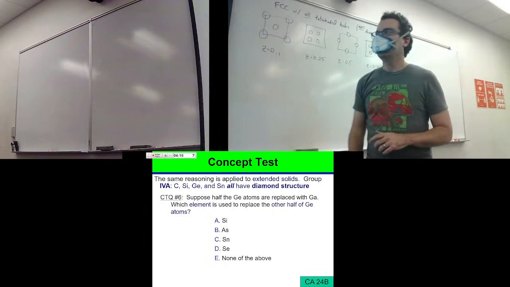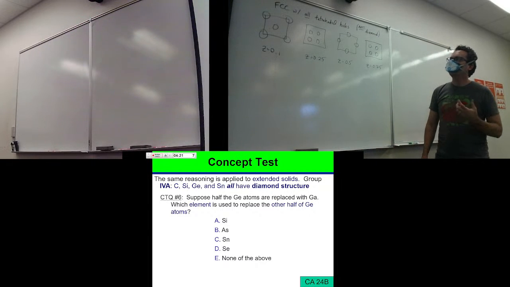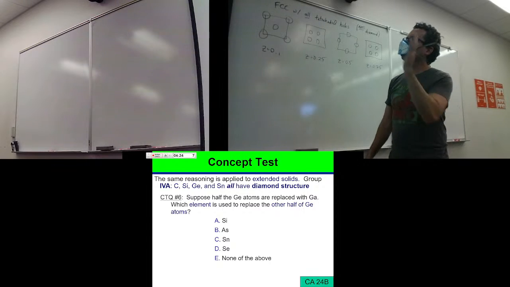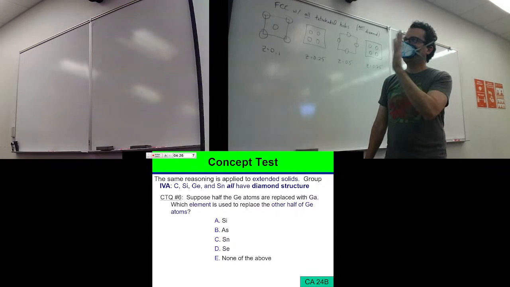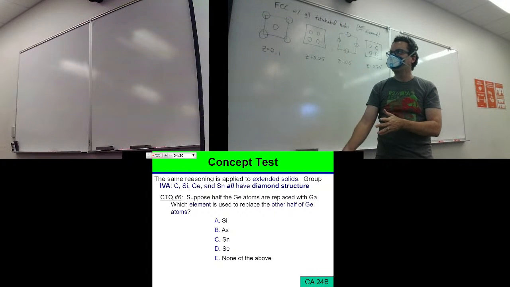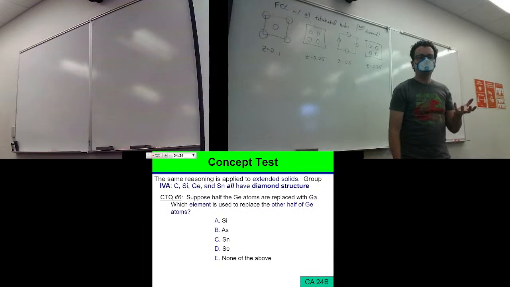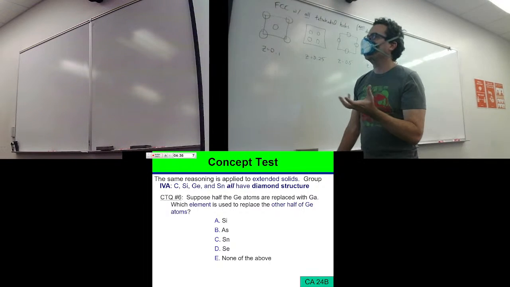We know already that carbon and silicon and germanium and tin, everything in group 4 or 14A has the diamond-like structure. And they all have 4 valence electrons.